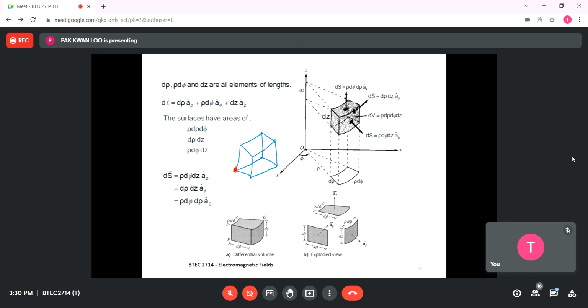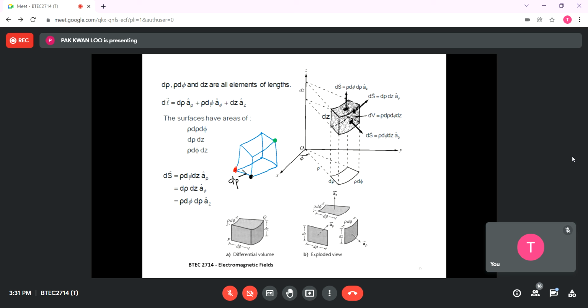So we start to walk in this direction. Now we are dealing with cylindrical coordinates. So from this point to this point, the displacement is d phi. Yeah, the displacement is d phi.